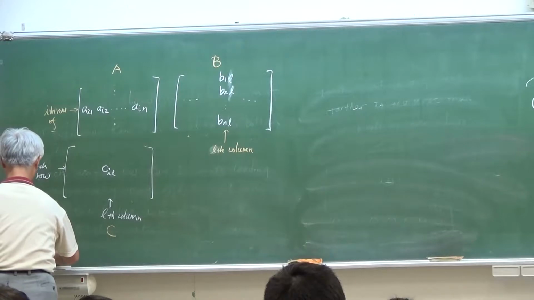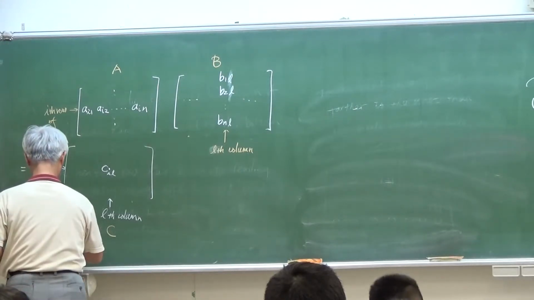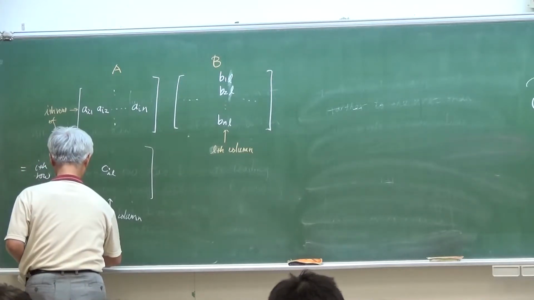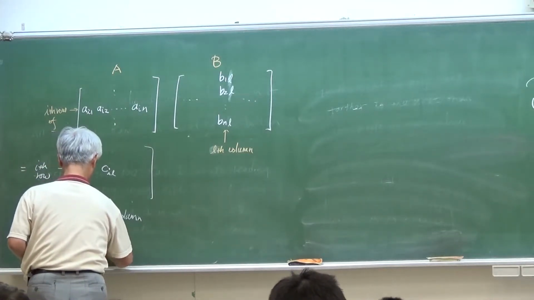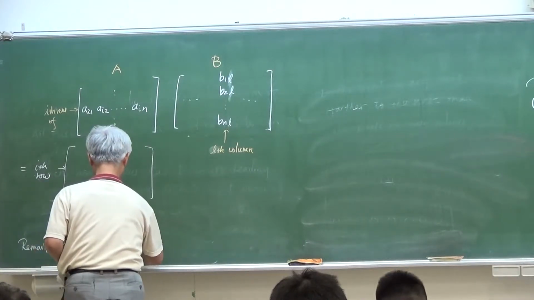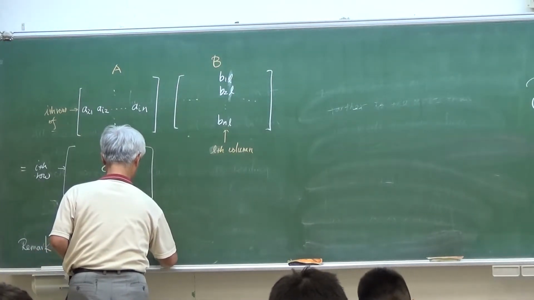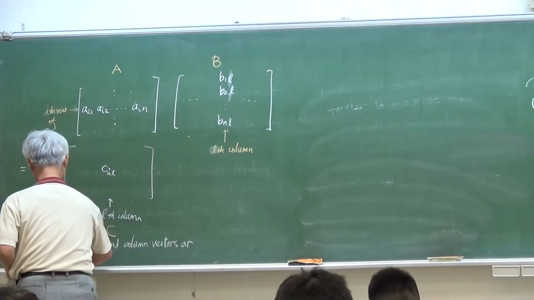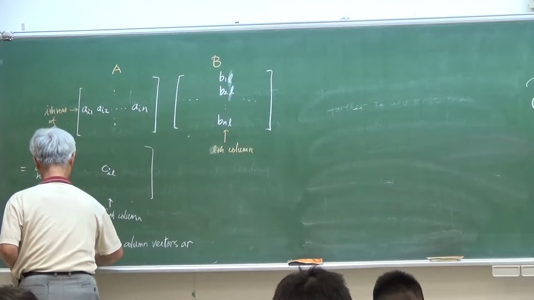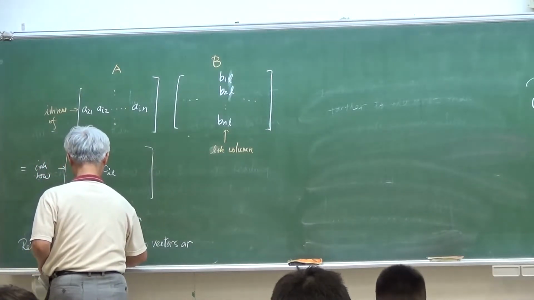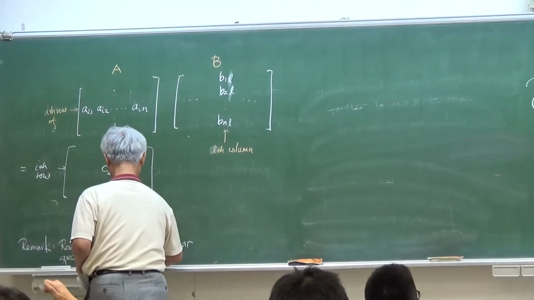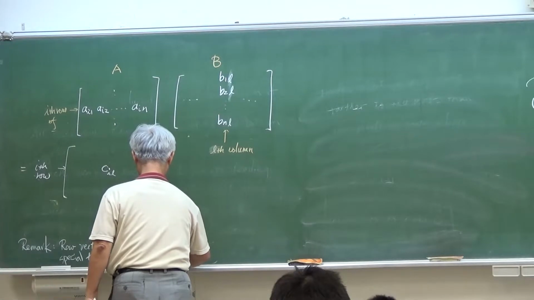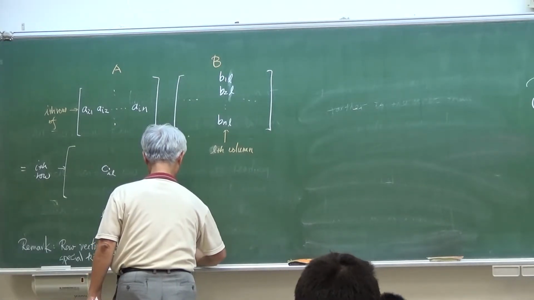Remark. Row vectors and column vectors are special kinds of matrices.